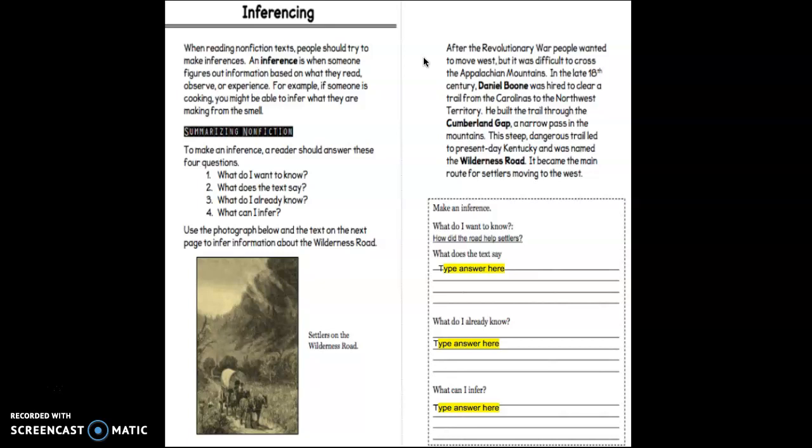In the late 18th century, Daniel Boone was hired to clear a trail from the Carolinas to the Northwest Territory. He built the trail through the Cumberland Gap, a narrow pass in the mountains. This steep, dangerous trail led to present-day Kentucky and was named the Wilderness Road. It became the main route for settlers moving to the west.